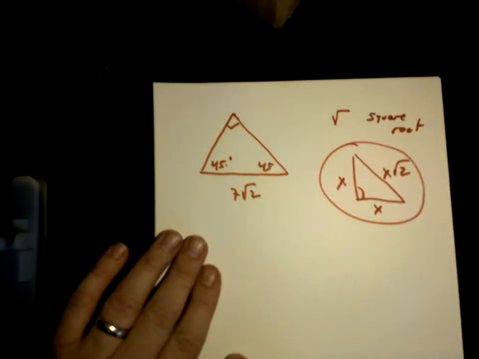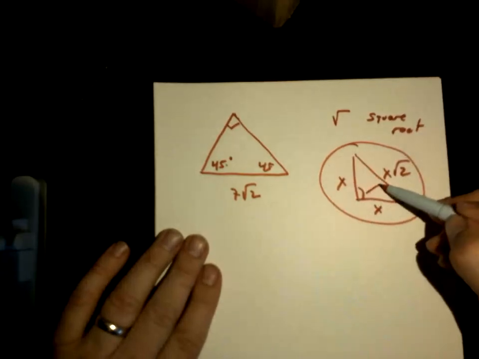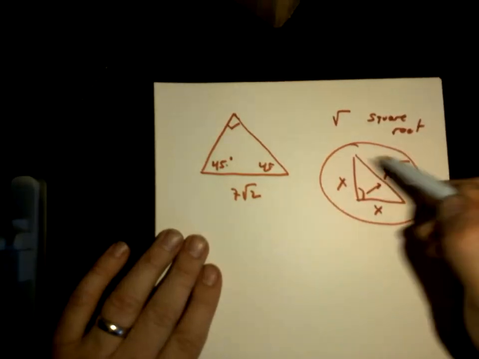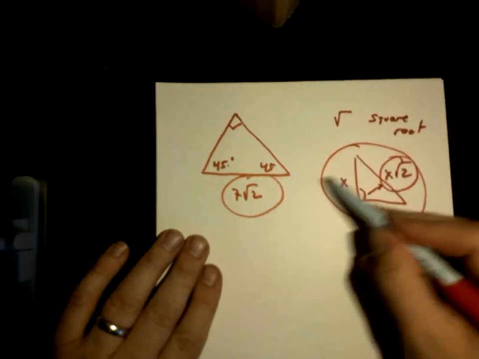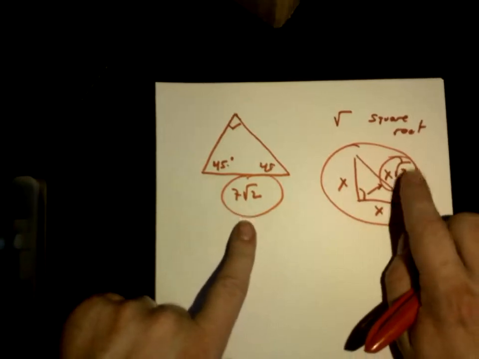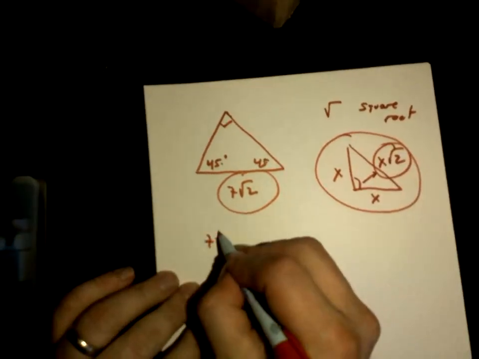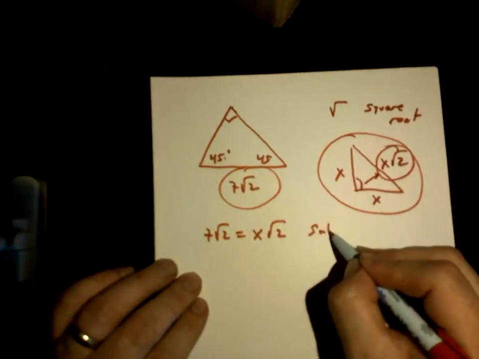There's my copy. If this side and this side are given, do you remember what to do? You set those equal. So you're going to go like this, and you're going to solve.